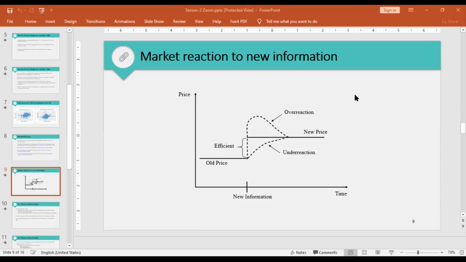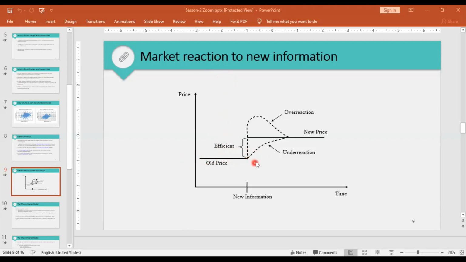Now if you look at this diagram, let me take an annotation tool so you can see it. This is the price that prevails in the market, the old price. Just imagine this price is actually 10. That is the security price.